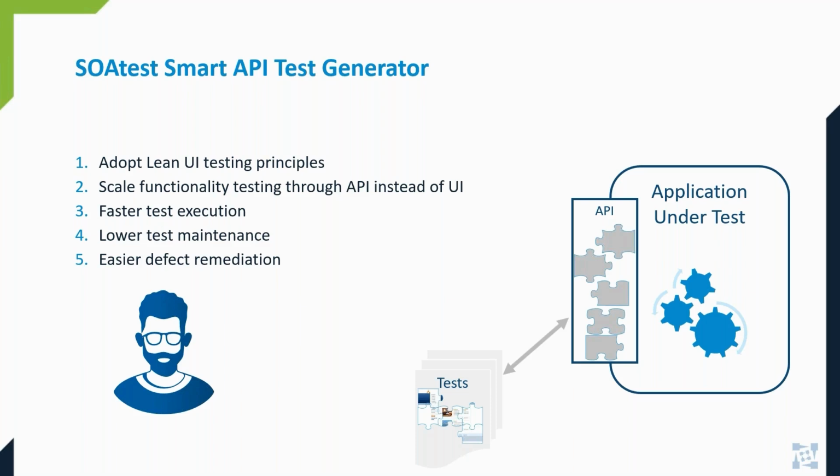And this enables teams to more easily scale their test automation and reach higher test velocities due to API tests being faster to execute, having a lower maintenance cost as APIs are more resilient to change, and it also makes defect remediation easier. So let's dive into that technical demonstration and show them now what AI-powered test generation can do.